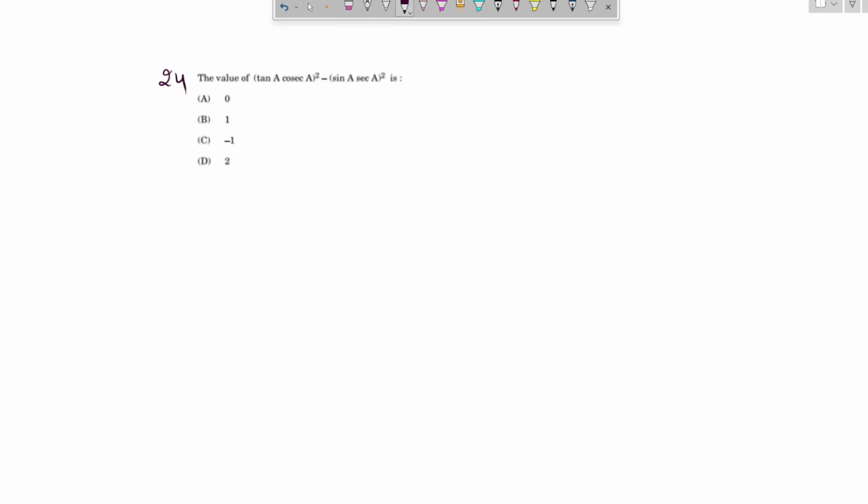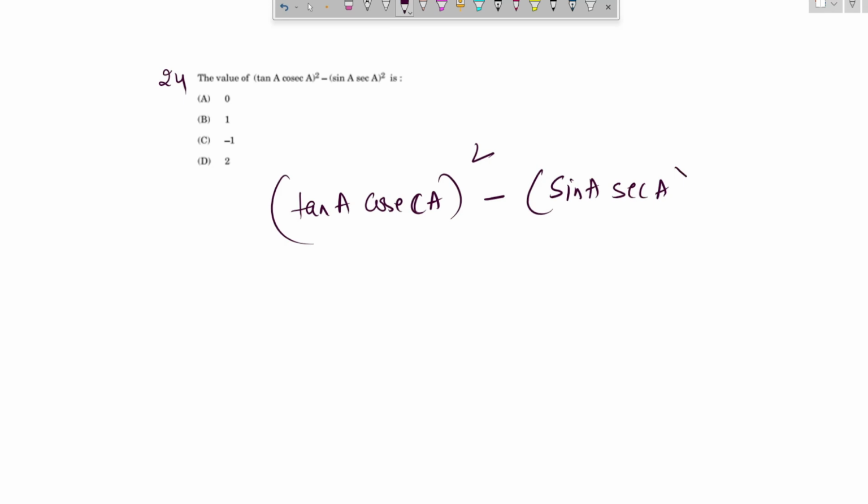Now question 24. We need to find out what is tan A cosecant A whole square minus sin A secant A whole square.